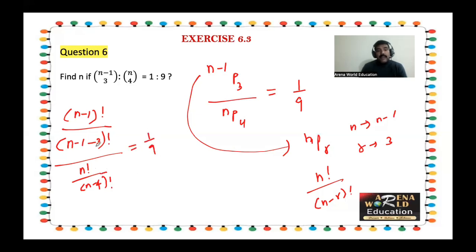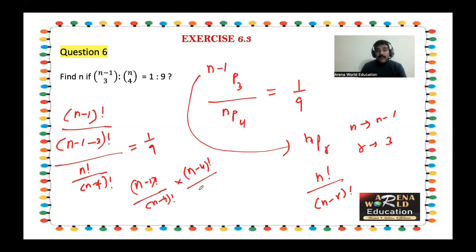So this is (n minus 4) factorial, and this is (n minus 1) factorial. In the next step, (n minus 1) factorial divided by (n minus 4) factorial, and we replace division with multiplication by taking the reciprocal: (n minus 4) factorial divided by n factorial.